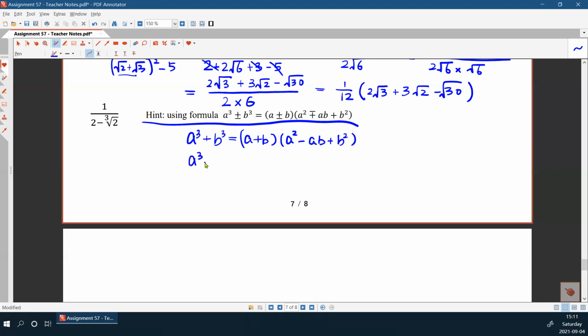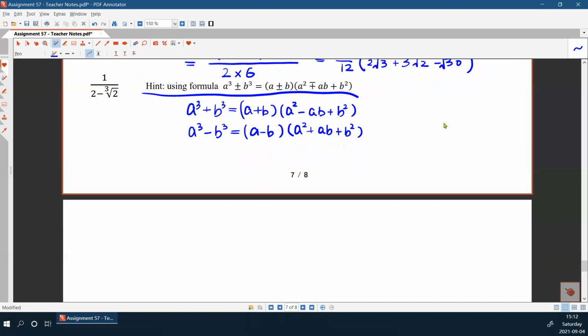And a cubed minus b cubed is factored to a minus b times a squared plus ab plus b squared, right? So we can utilize these formulas to rationalize a difference between two cubes, right? So this can be rationalized using this technique.